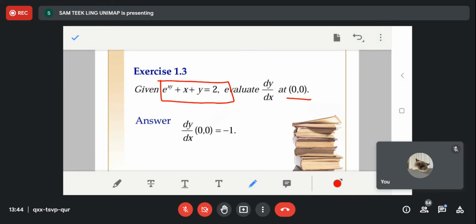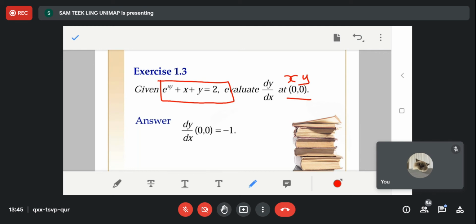This means your value x equals 0 and your value y equals 0. If your answer has x and y at the end, don't start by directly replacing x and y with 0. Only in your final answer, you replace x and y by 0, 0.